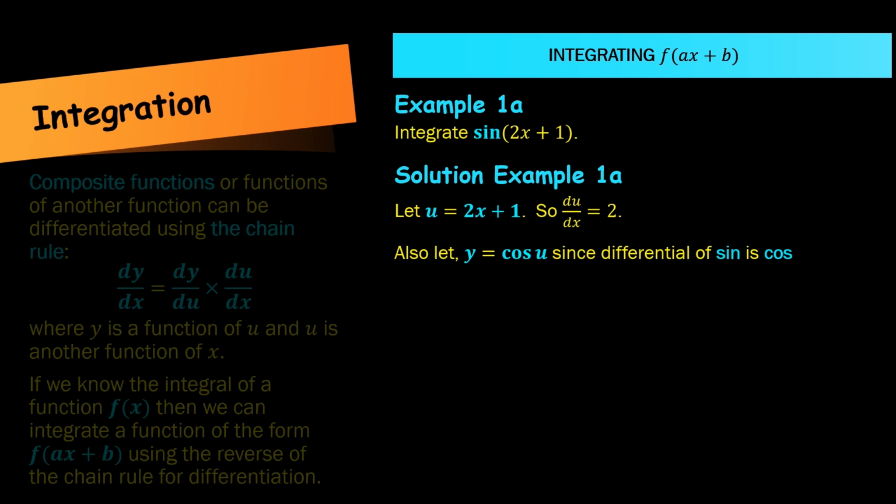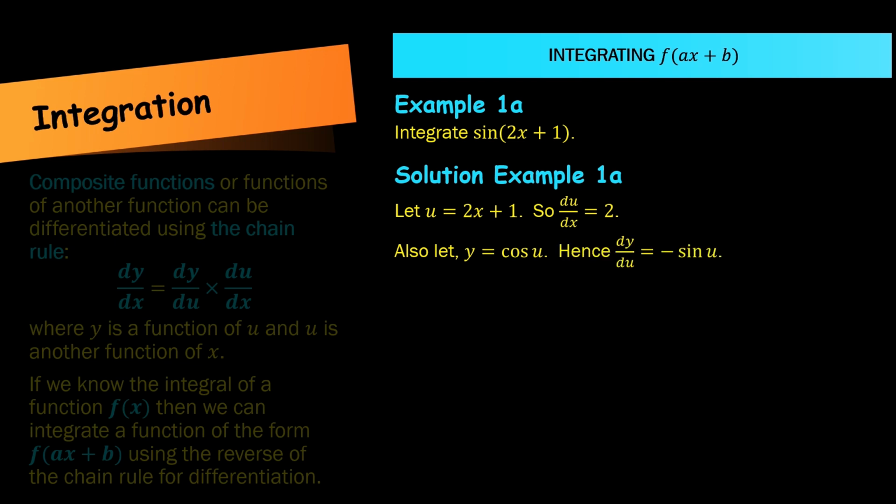We also let y equal cos u, since the differential of sine is cos. And remember that we're going to use the reverse of the chain rule in order to integrate. Differentiating y with respect to u gives us minus sin u.